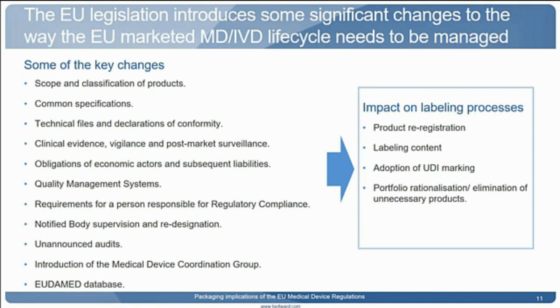Some products will move into a higher classification than they've been in before. And there are many products which are currently not classified as medical devices that will be classified in the future. For example, cosmetic contact lenses will now be considered a medical device and will be subject to the regulation.